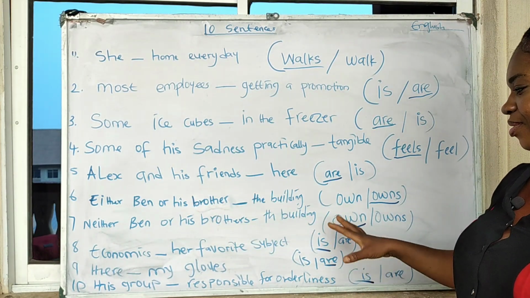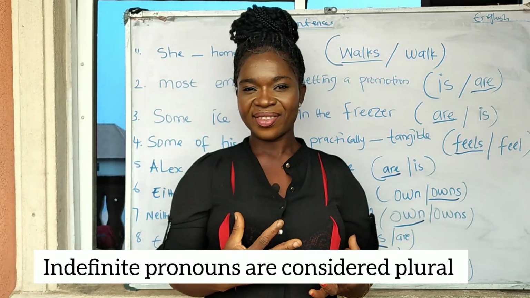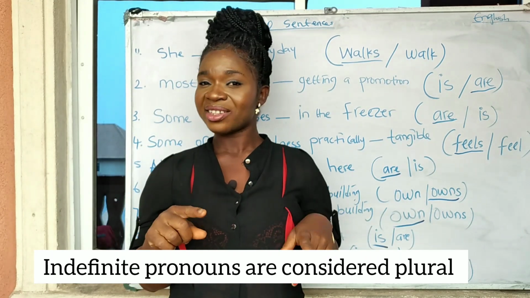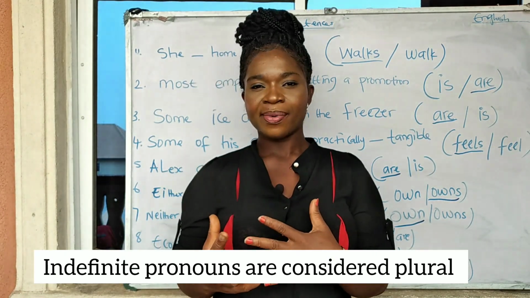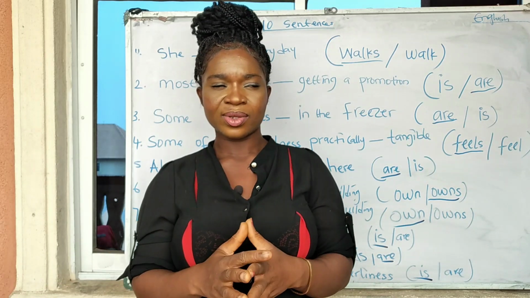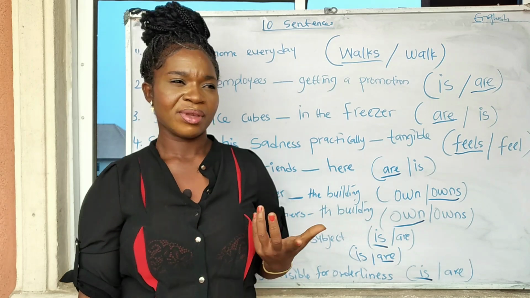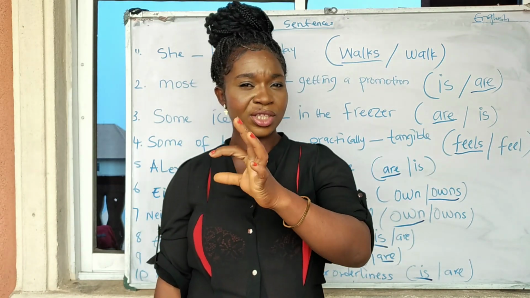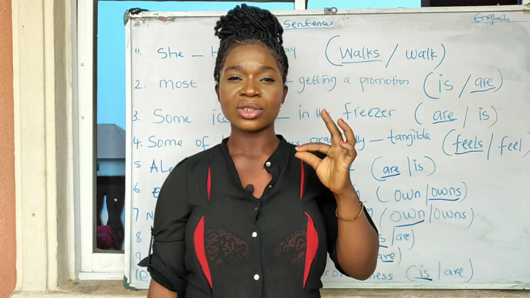Okay, so that's that. Rule number 3 states that indefinite pronouns are considered singular, and for that reason they should take a singular verb. Talking about pronouns, we have what we call definite and indefinite. When something is definite, it is specific; it tells you the exact amount of something.